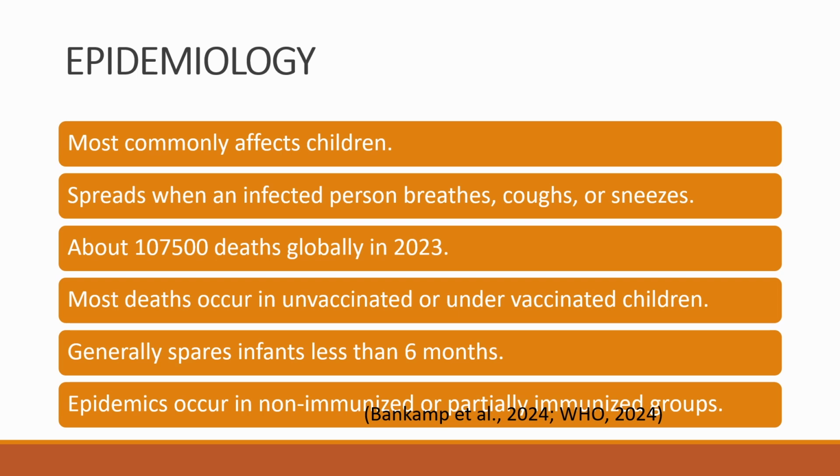Under epidemiology, we talk about how it affects people at large. It most commonly affects children. It can also affect a person of any age, but it's mostly children. Most infants less than 6 months are usually spared due to passively acquired antibody. Measles is highly contagious and spreads through respiratory droplets.